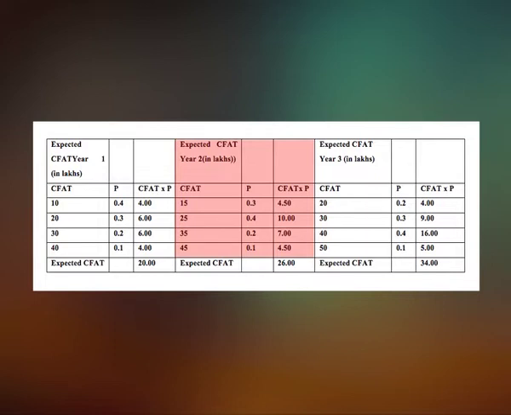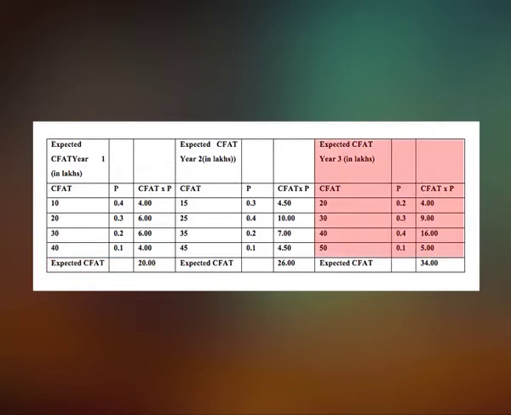The last one is 45 CFAT, probability 0.1, then we get 4.50 as CFAT into P. Now, the total expected cash flow after tax for year 2 is 26, and the total expected cash flow after tax for year 1 is 20.